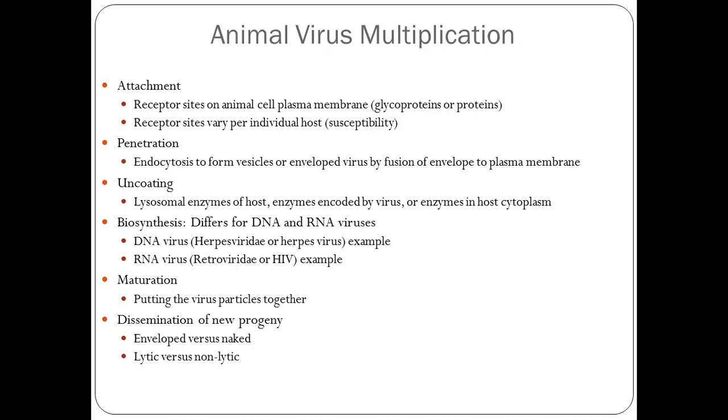So budding is non-lytic, and it occurs with envelope viruses. And of course, lytic or naked viruses rupture. Okay, so they leave by rupture. So if I'm a naked virus, I come in by endocytosis and I lyse the cell on my way out. If I'm an envelope virus, I fuse with the plasma membrane and then I bud out at the end.